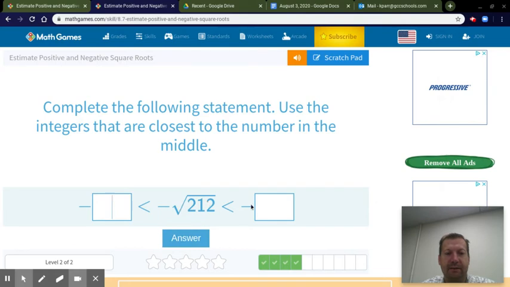Again, I've got a negative right here, and this one is negative 212. So it's going to be between the square root of 14 and 15 because 14 squared is 196 and 15 squared is 225. So I need to have my 14 over here and my 15 over here. I've got to do them backwards because of the negative.